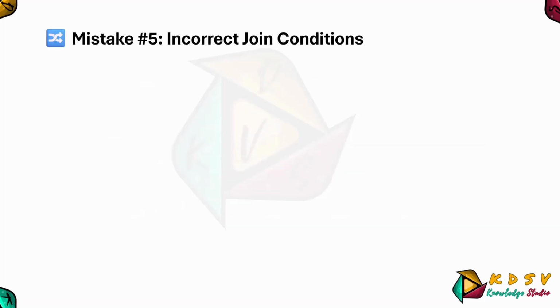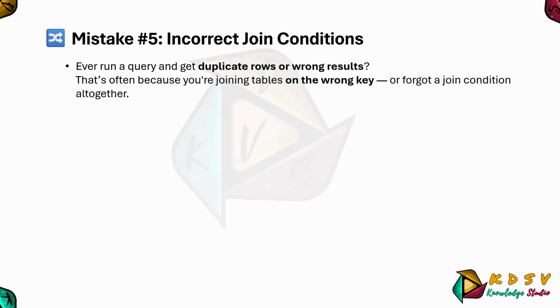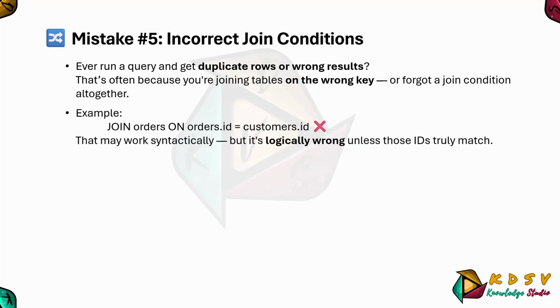Mistake number 5, incorrect join condition. Ever run a query and get duplicate rows or wrong results? That is often because you are joining tables on the wrong key or forgot a join condition altogether. For example, JOIN orders ON orders.id = customers.id. This may work, but it is logically wrong unless those IDs truly match. Here, order ID and customer ID definitely may not be the same.